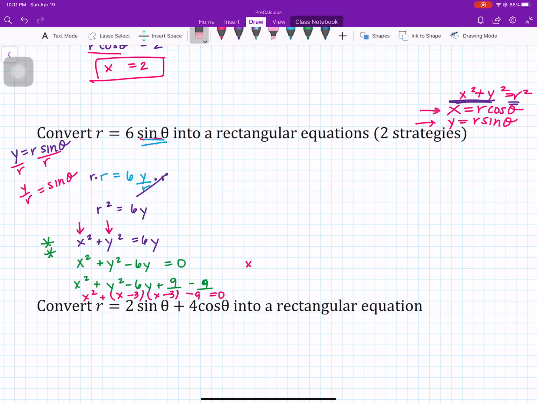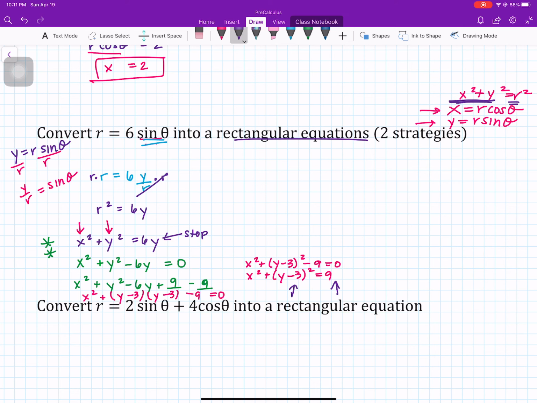So this is x squared plus y minus 3 squared minus 9 equals 0. So my standard form would be this. Now, again, it all depends on what the directions say. If it just says convert into a rectangular equation, you can stop here. If it says convert to a rectangular equation and express it in standard form, then you have to go all the way and do this.